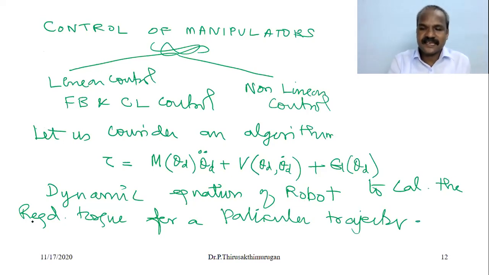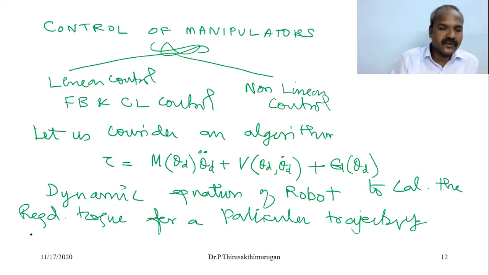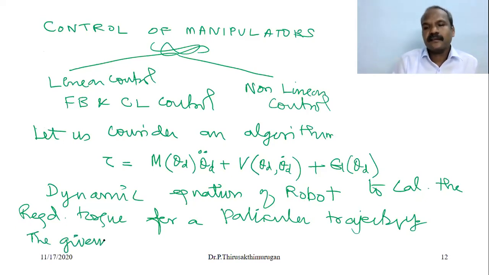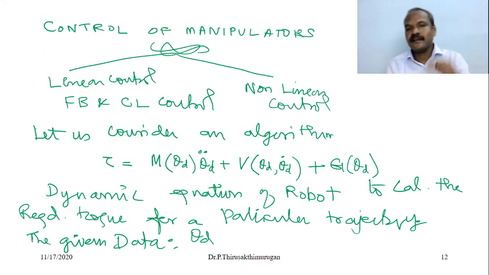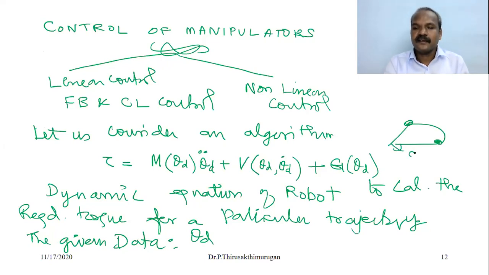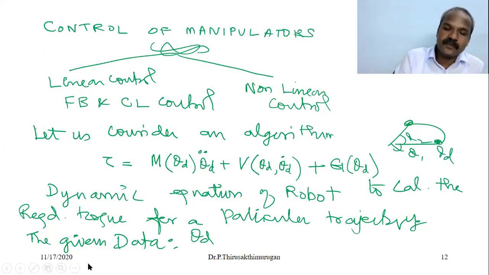For this trajectory, what we are feeding is the given data. What are the given data? You see from this equation, theta d is the desired position. The robot has to move from one angle to another angle, say from theta 1 to theta 2. So theta 2 is the desired position. What are the input parameters we should give?